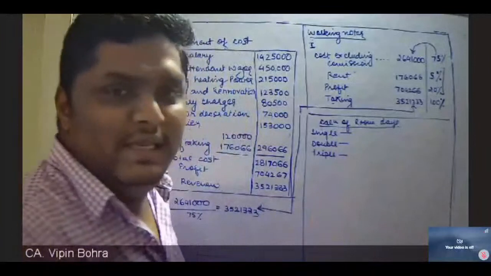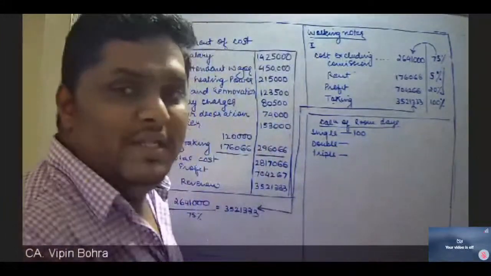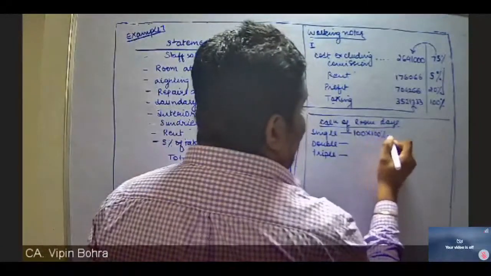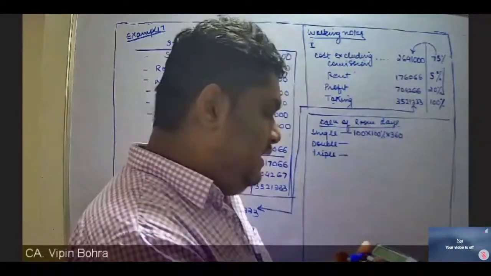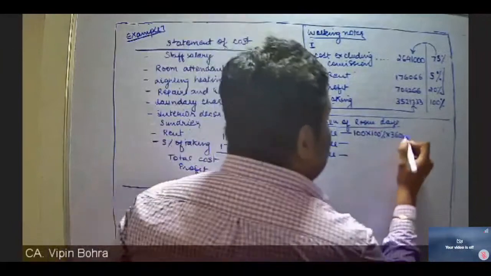How many single rooms are there? 100 rooms. What is the percentage of occupancy? 100%. How many days in a year? 360 days. So 360 days, 100 rooms, total 36,000 room days.